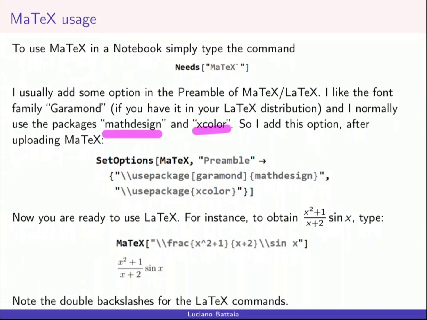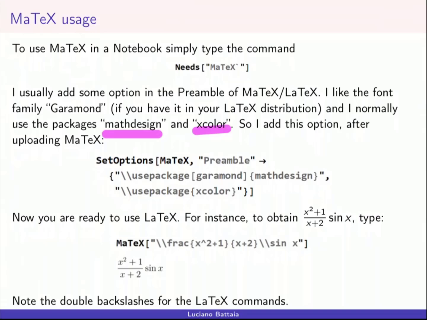So I add these options after loading MathematicaAndLatex. Set options, MathematicaAndLatex preamble, in the preamble that is used when MathematicaAndLatex loads LaTeX. Use package Garamond MathDesign, use package Xcolor. Now you are ready to use LaTeX.